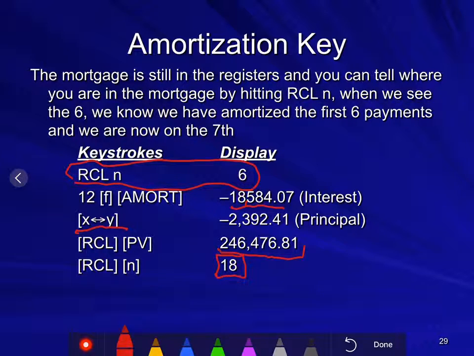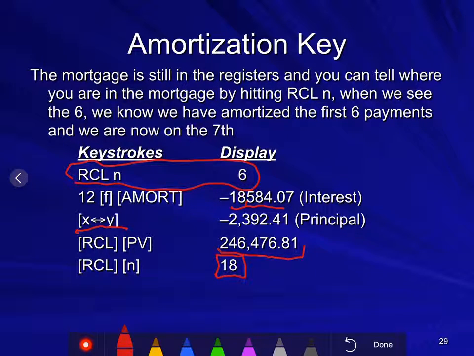I'll ask you something like, how much interest is paid in the 6th year of a mortgage? And so effectively what you're going to have to do is get rid of 5 years. So you would hit 5 times 12, or 60, f amort. Put the mortgage in, hit 60 f amort, and it'll calculate, take you through the mortgage.